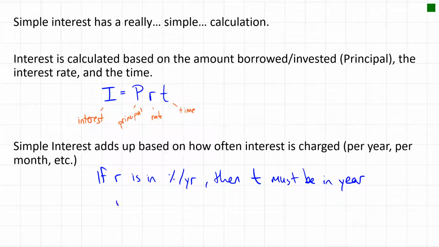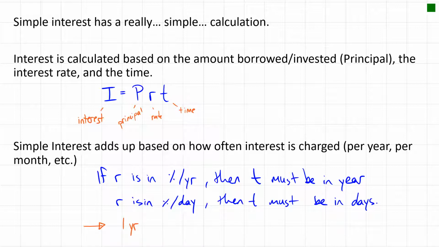But if R is in percent per day, like say you have to pay 1% of the loan per day, then T must be in days. So it's important to know that relationship between these time scales.